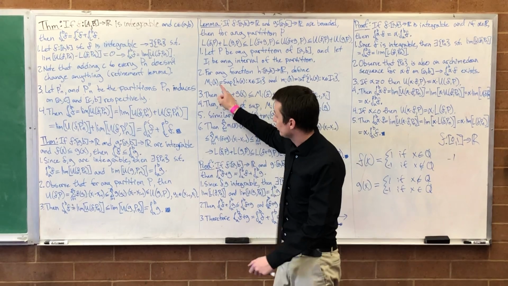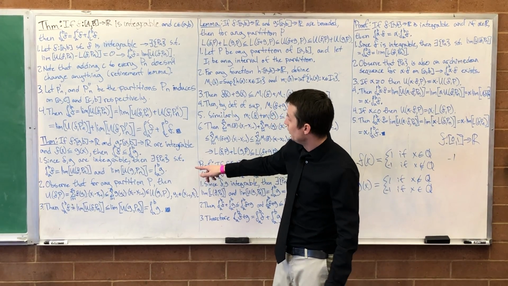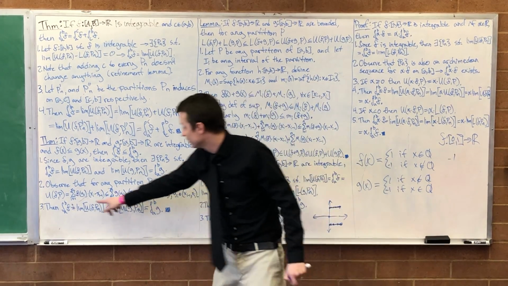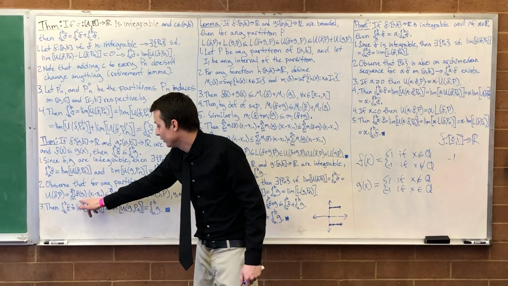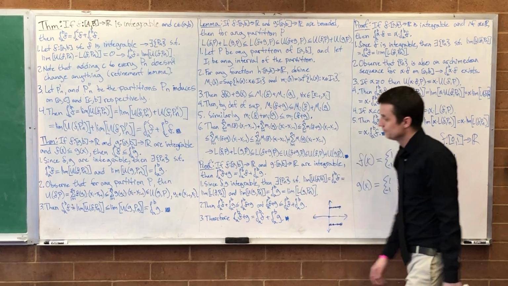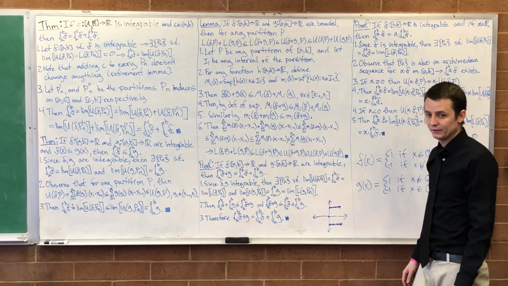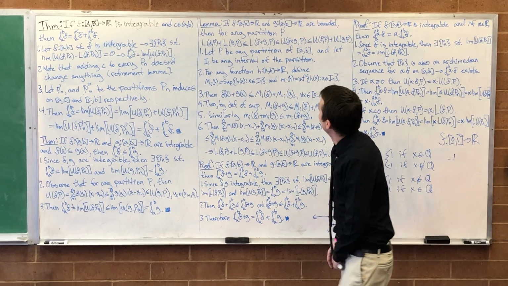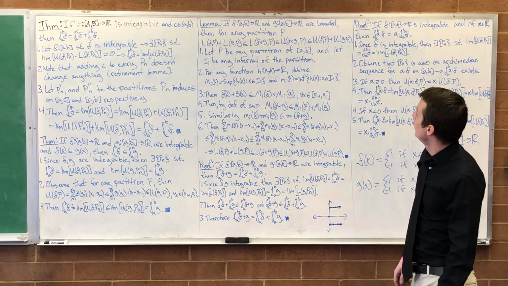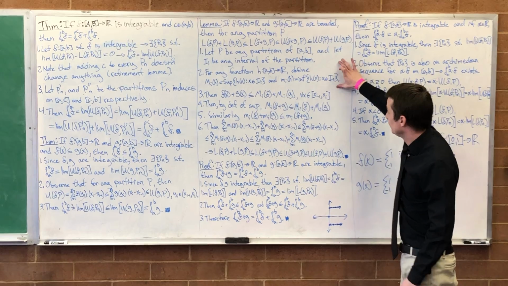And if I use this notation down here like I should have, then we would have replaced this f of y sub i with big M sub i of f. Make sense? Okay. So we've got that defined.